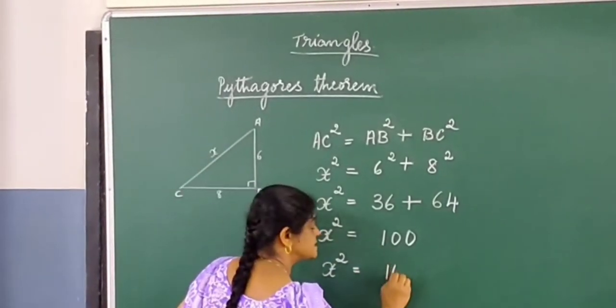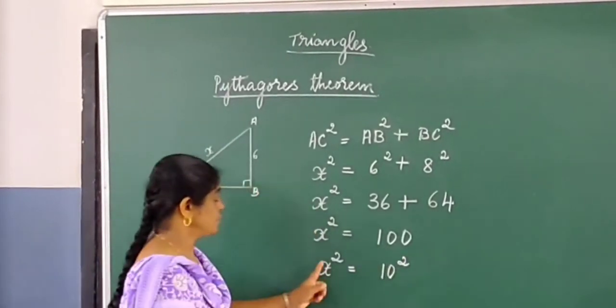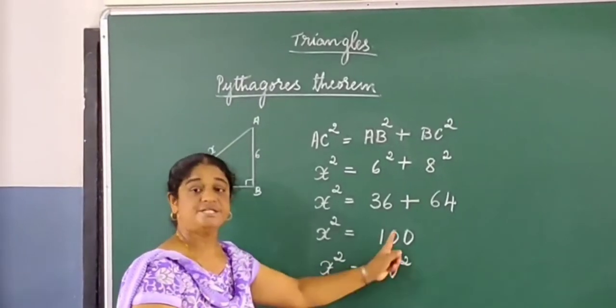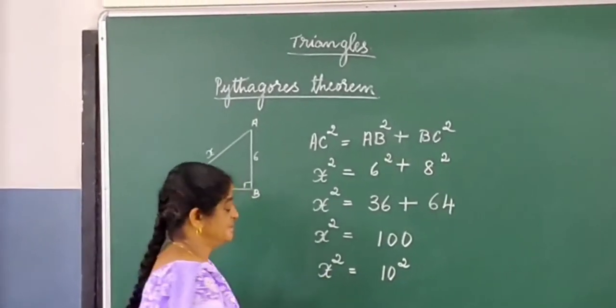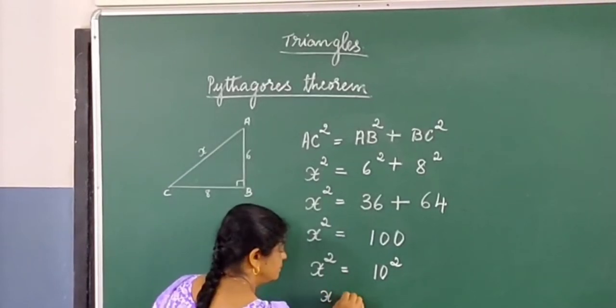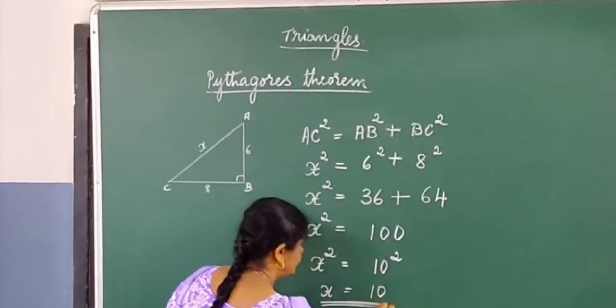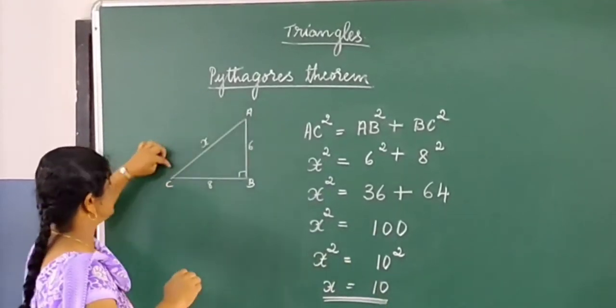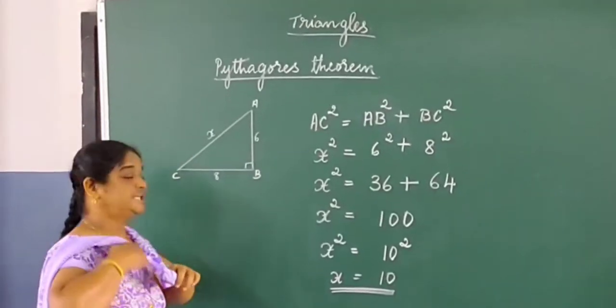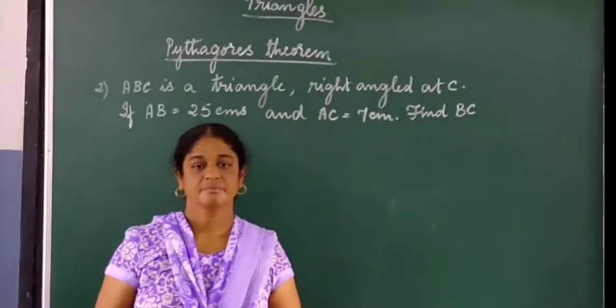So we can write this as 10 square. So x square is equal to 10 square. So how much is x? X is equal to 10. So this length AC is equal to 10 centimeters.